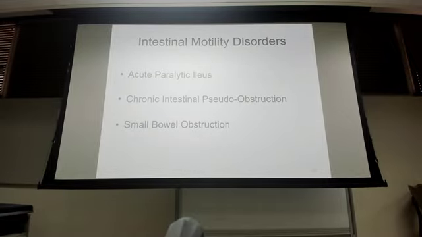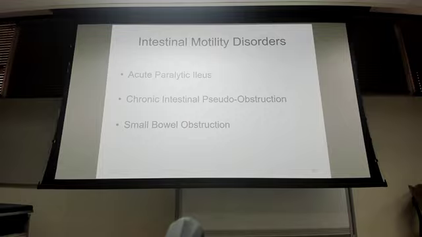So this is intestinal motility disorder. Now we're not having a problem with absorption, we've got a problem with movement in the small intestine. Movement of intestinal contents is impaired. This isn't about absorption, this is physical. How is it going down the tract, right?